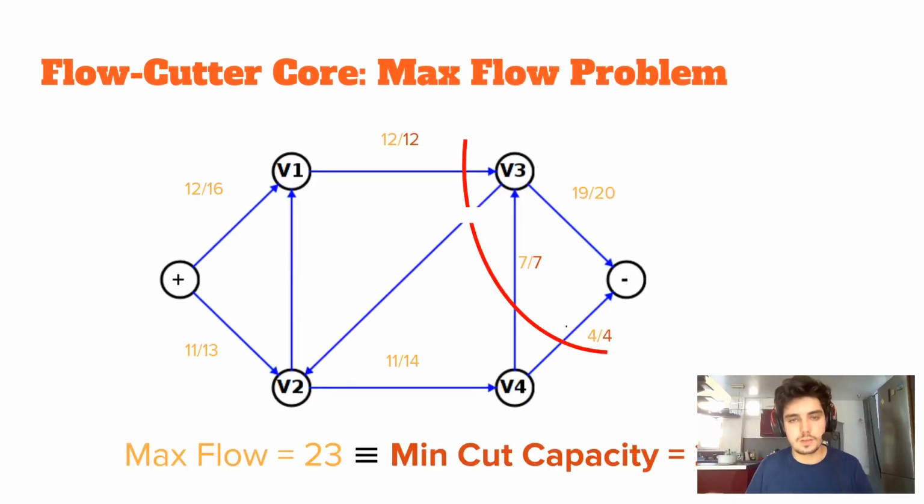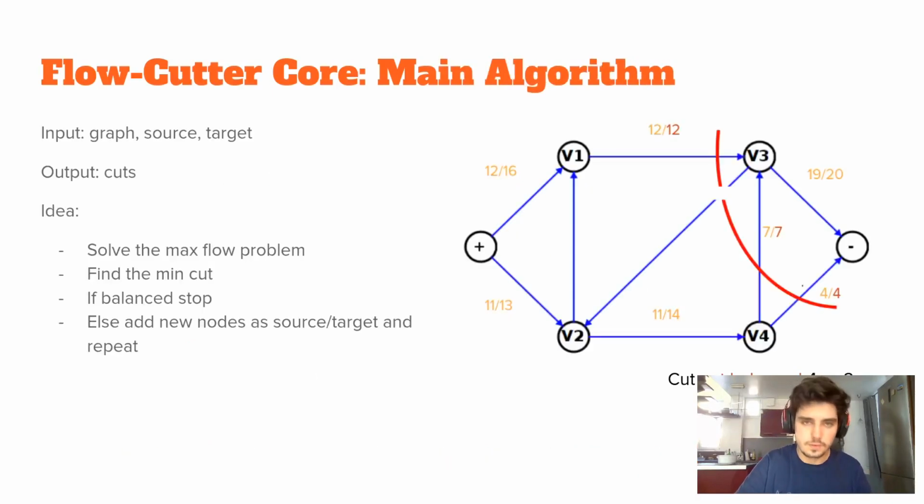One classical problem that we can solve in polynomial time is the max flow problem. The idea is you want to put the maximum amount of water from a source to the target through a network. This is solvable in polynomial time, as I said, and it is equivalent to another problem, finding the minimum cut capacity, and that's why flow cutter returns us cuts.